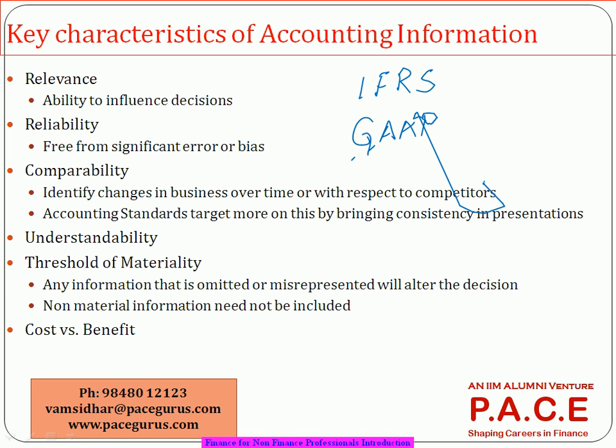So today, or until a few years back, when an Indian company had to take over a US company, or a US company had to take over an Indian company, because the groupings are different, it used to take too much time for consolidations to happen.